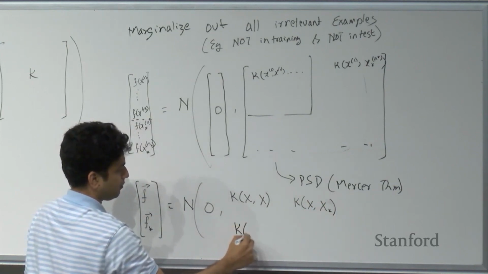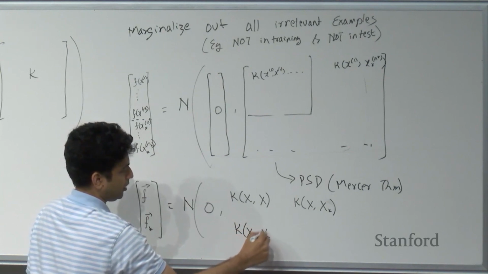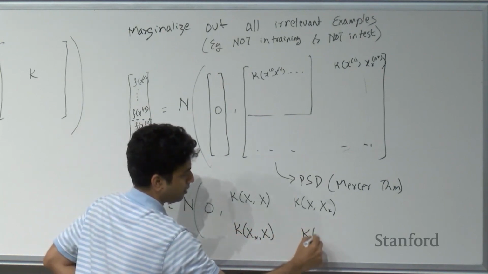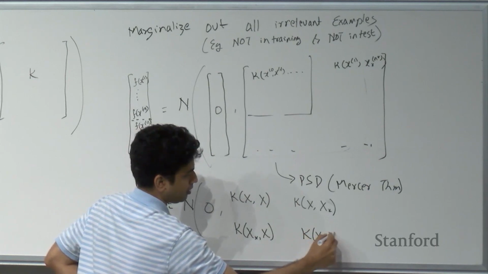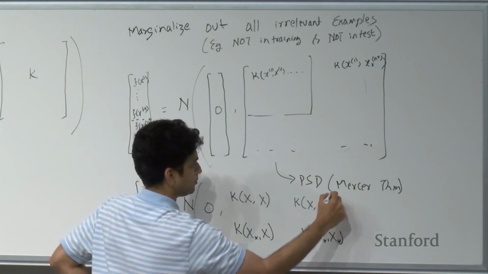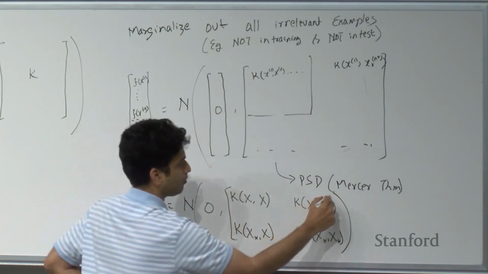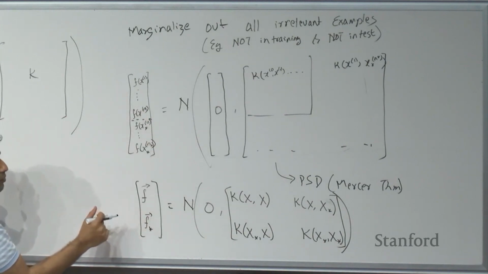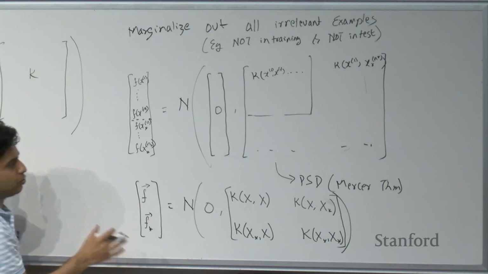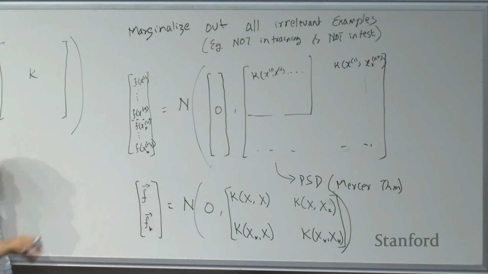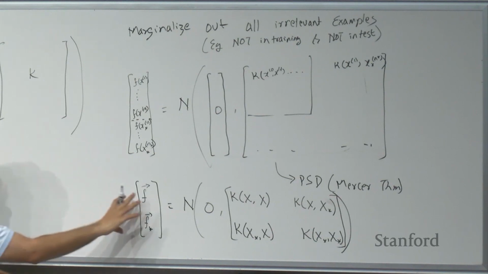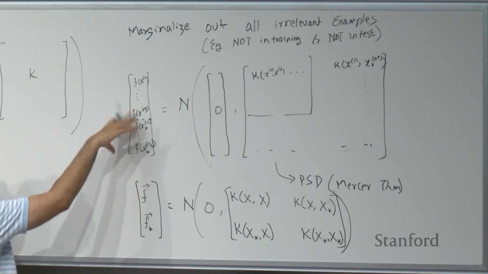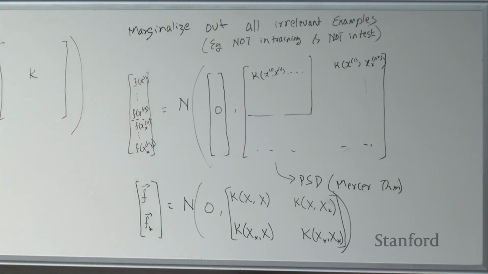Then again k of x star and x, and k of x star. Again, so this is the same thing that's written above, where we are looking at just those examples that are of our immediate concern. So examples in the training set and examples in the test set. And this is like you're marginalizing out all the other infinitely many examples that are not of immediate concern.